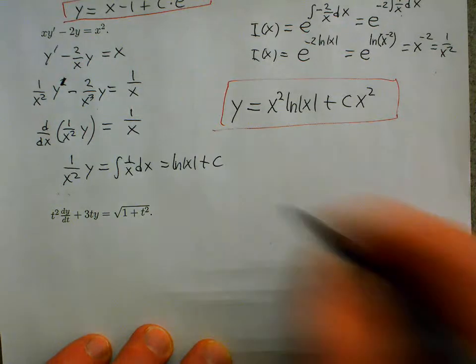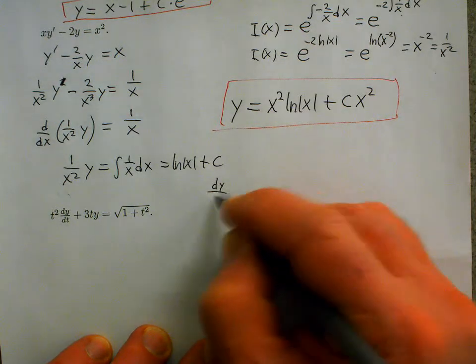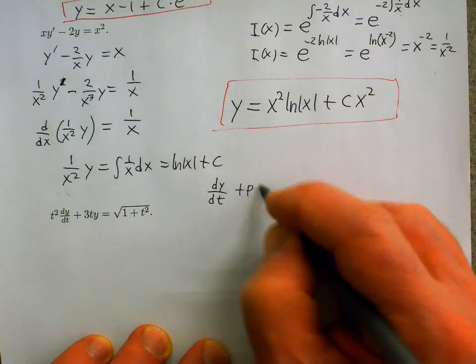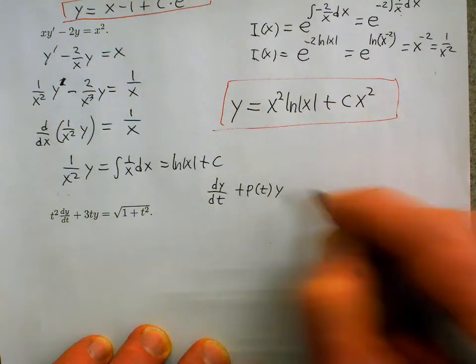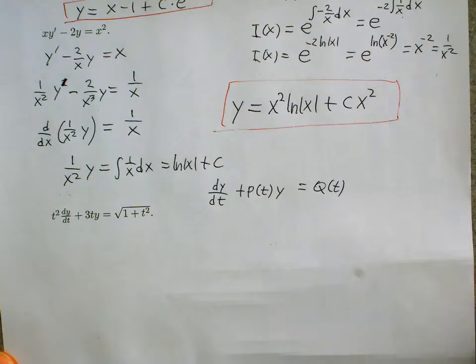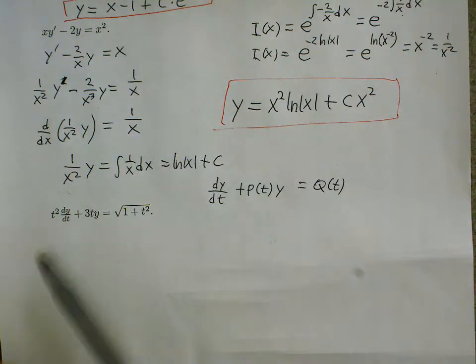The form that we want is dy/dt plus p of t y equals q of t. So we can get it into this form simply by doing what? Dividing by t squared. Yeah, divide every term on both sides by t to the second.